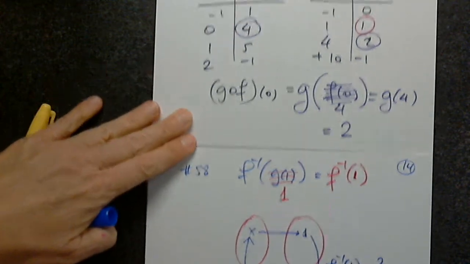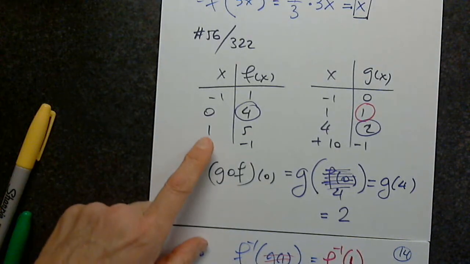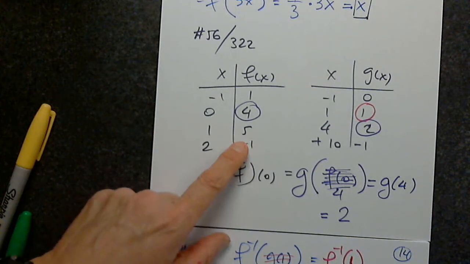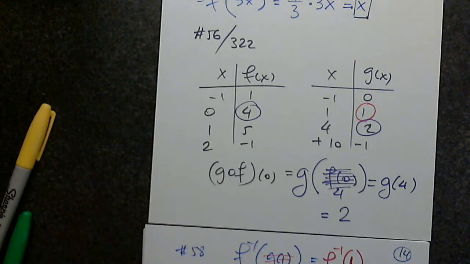And now I can look at the tables. So for x equals 1, y equals 5. So what should x be so that when I apply f to it, I get 1?